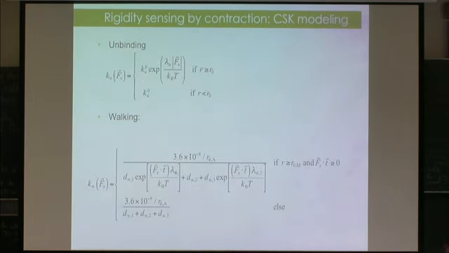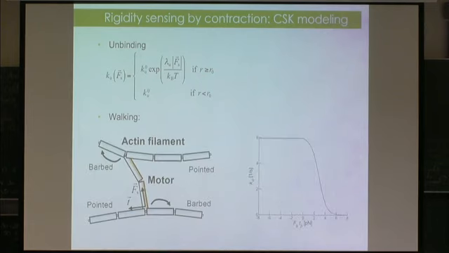In addition, we incorporate the possibility that these cross-linkers can unbind, using Bell's theory, when the force between them is very high. This equation is very long, so it's better to understand it this way. When the motor is working, we use a high speed as the motors tend to walk toward the barbed ends of the actin filaments.